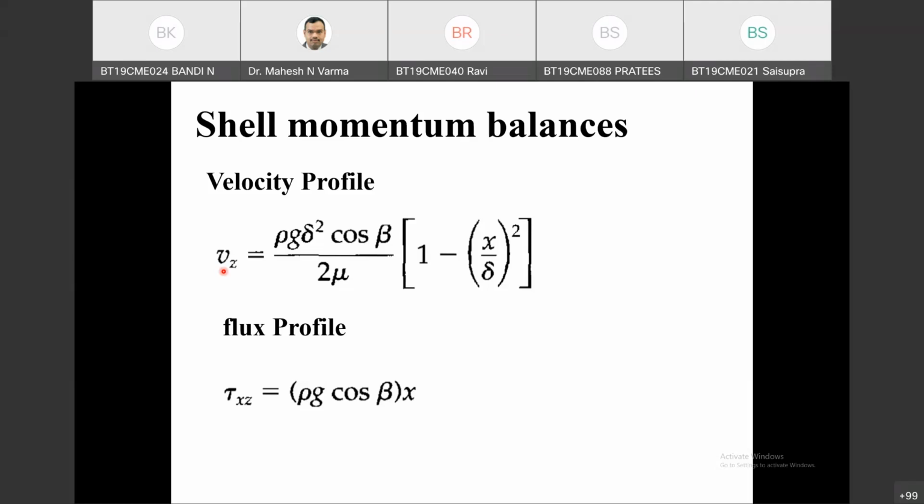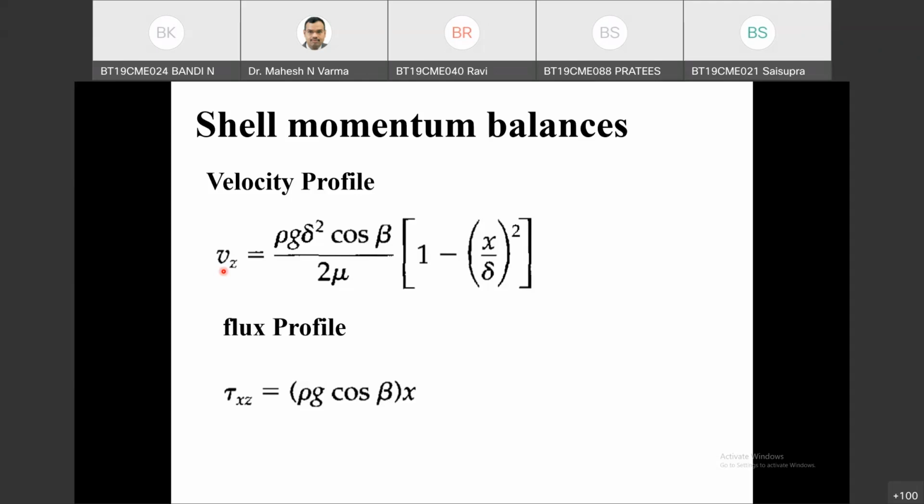Now, how many boundary conditions are needed to solve this problem to get the final equation for velocity profile? Roll number 14, Anmol.